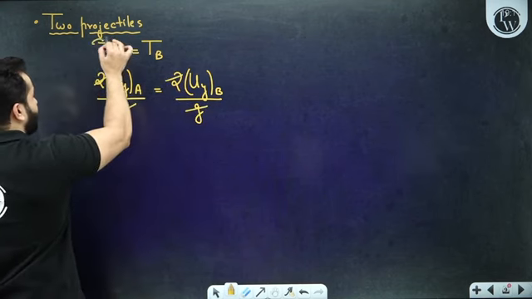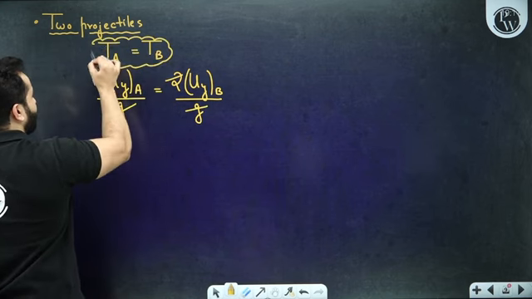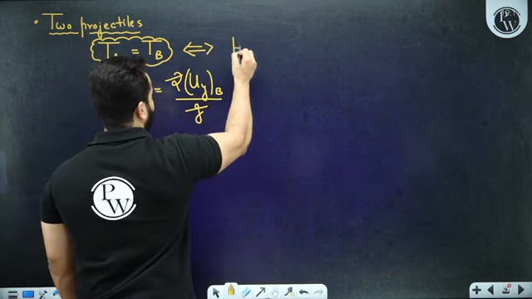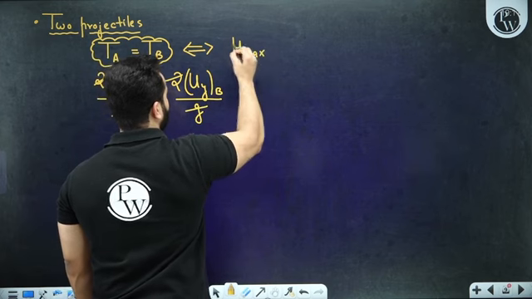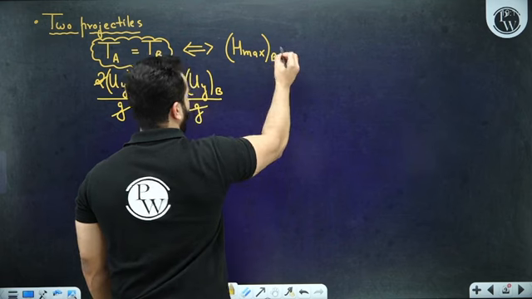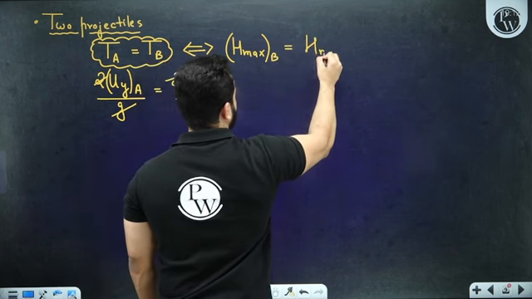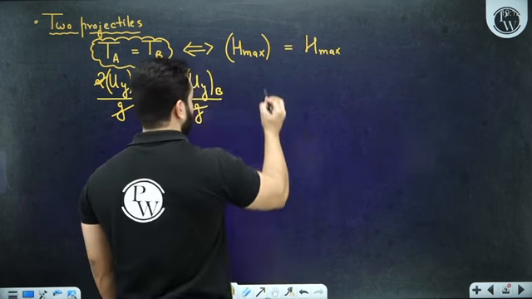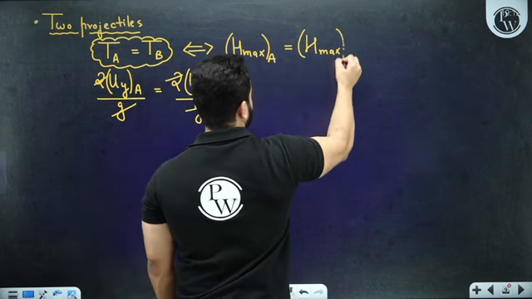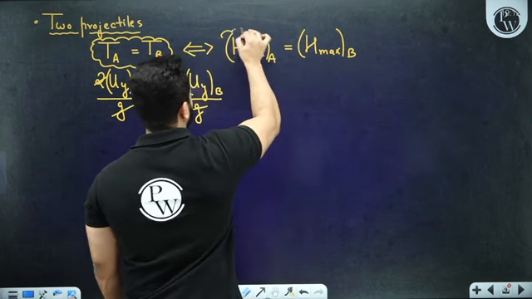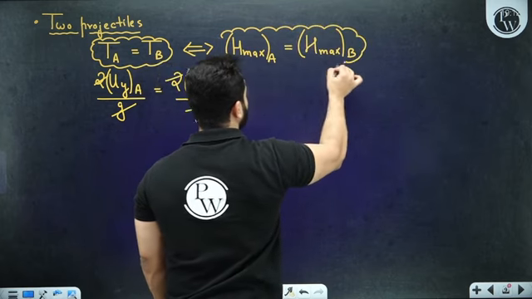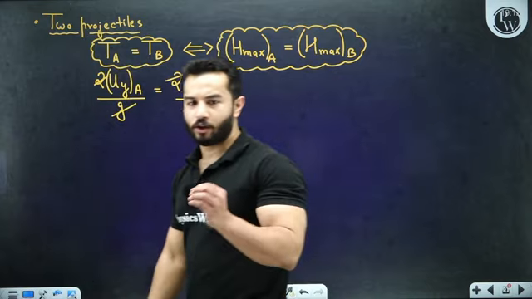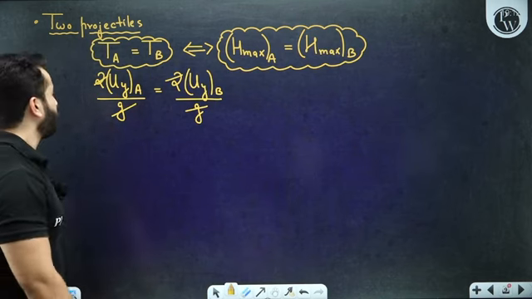So if this is the case, then we are going to say that the maximum height attained by these two particles will also be the same, because maximum height also depends only on the vertical component. So these are some of the quick facts you can include in your notes to speed up your calculation, right?